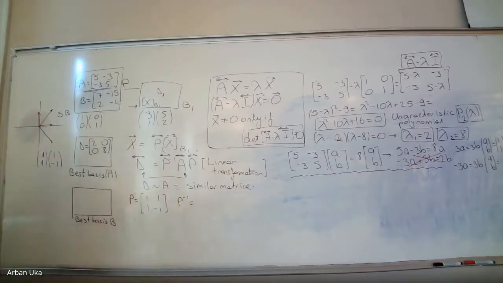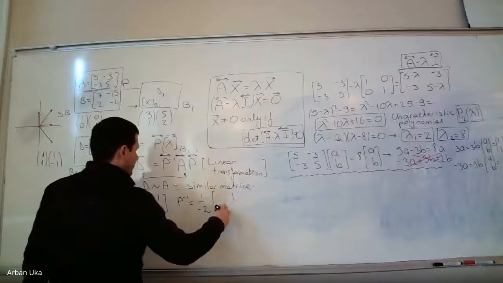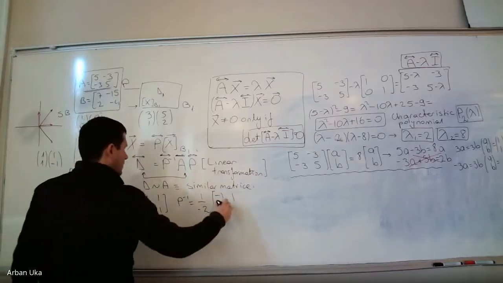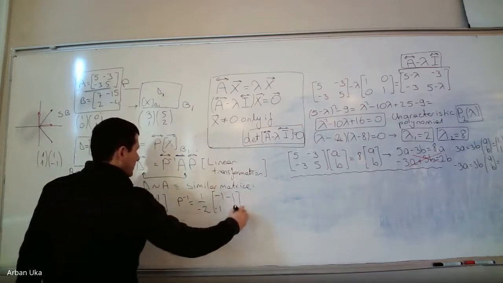What is the determinant of P? -2. That is correct. We exchange 1 with -1, and we change the signs here, I believe, right? Yes.